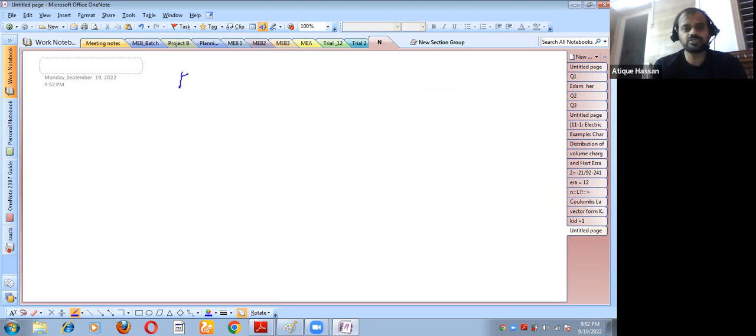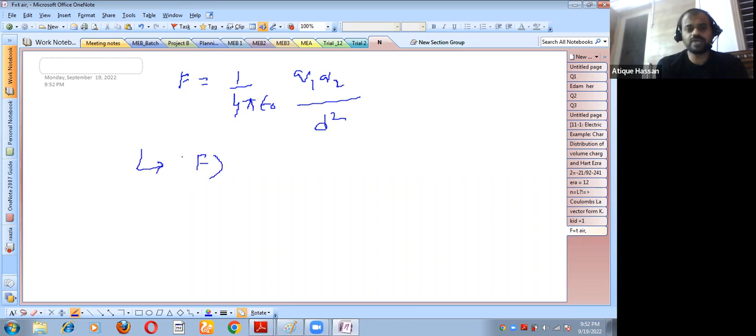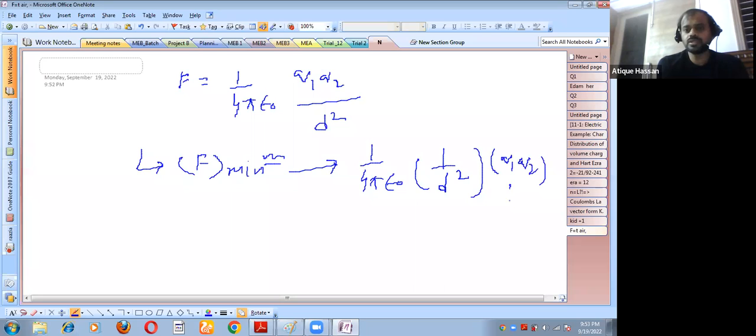We know that the force between the charges is F equal to 1 by 4 pi epsilon naught Q1 Q2 upon D square, right? Yes, sir. So now we have to find F minimum. D square is fixed, right? So Q1, Q2 should be minimum.